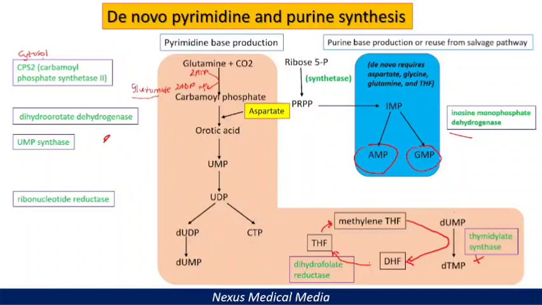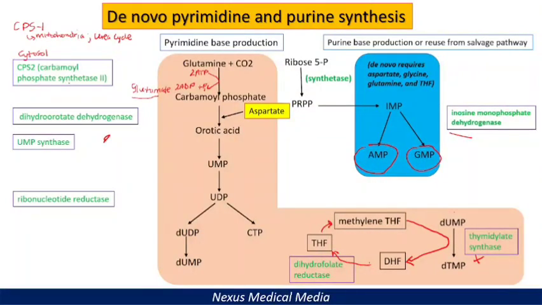There is another enzyme with a similar name called carbamoyl phosphate synthetase 1. This one is found in the mitochondria, and the process where you find this enzyme is called the urea cycle. So don't confuse that enzyme with this one, which is specifically found in the cytosol.